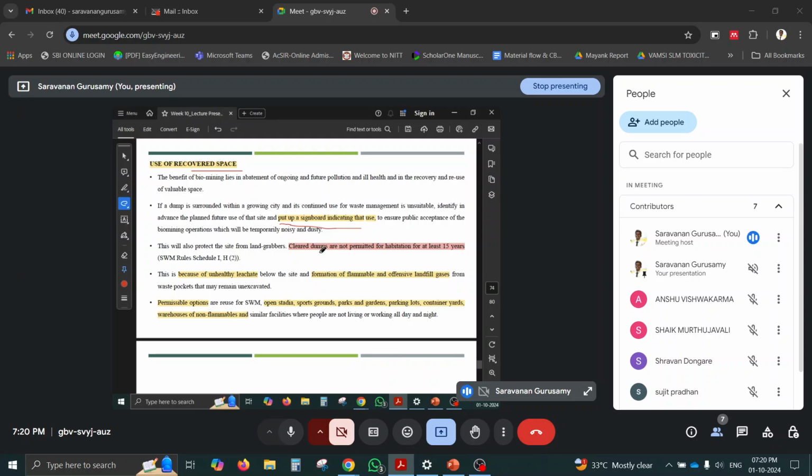The cleared dump site should not be permitted for habitation for at least 15 years, because the SWM Rules themselves mention it, in Schedule 1, Class H, point 2. It is because some unhealthy leachate may still be present in the recovered space, and there may still be some landfill gas that may be flammable.